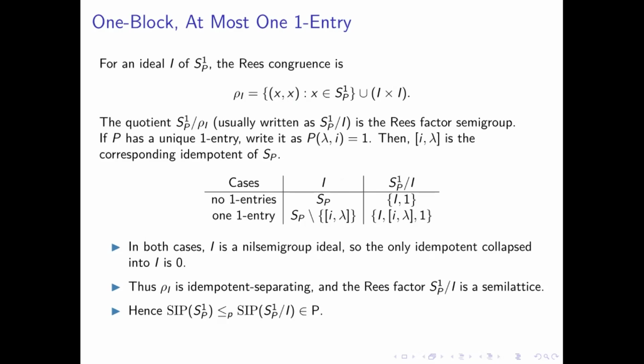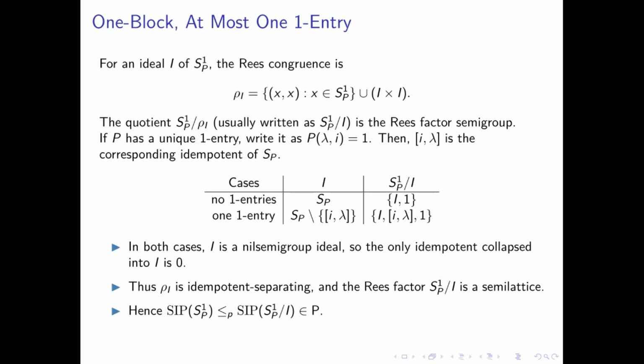You can see that this SAP of I and 1 is in P. Similarly, when you have one entry, you take the ideal, the Rees matrix semigroup without one, minus the unique idempotent, which is i lambda.